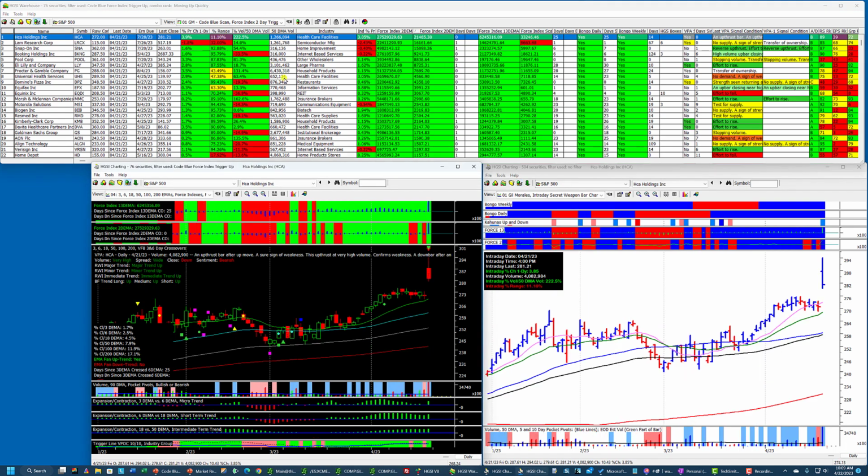So let's bring it up. You can see this right here. Big move up. Look at this huge force move on this histogram. But it opened here, you can see it opened here on this one and closed here. So yes, it's a big move on the force index, but you have to consider everything.